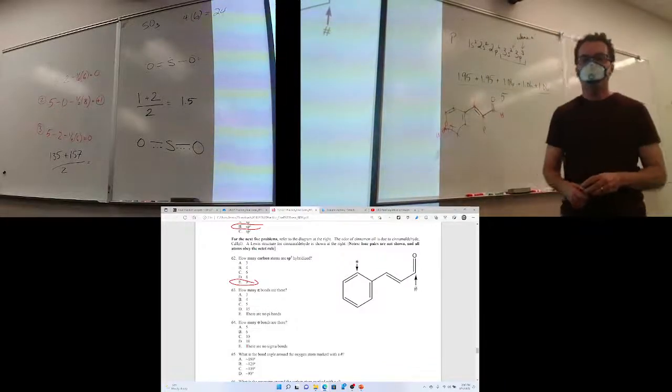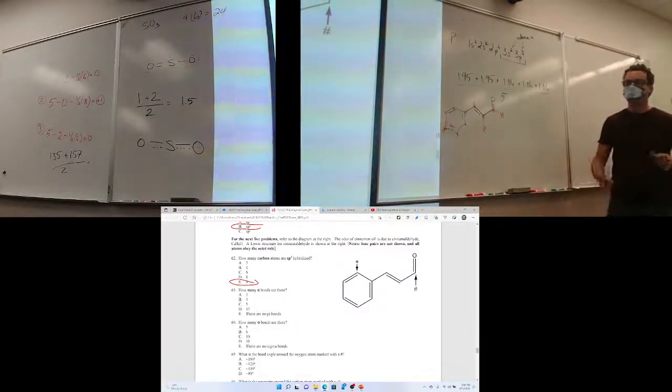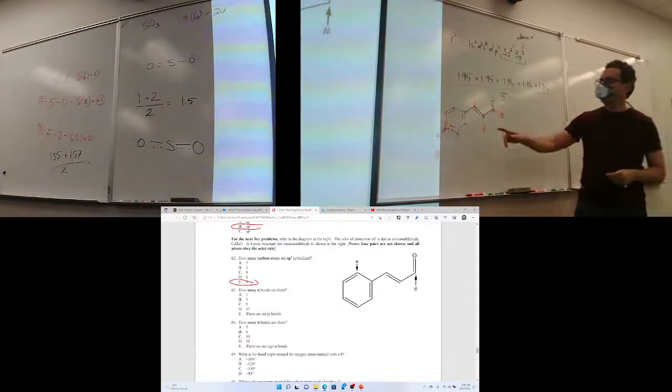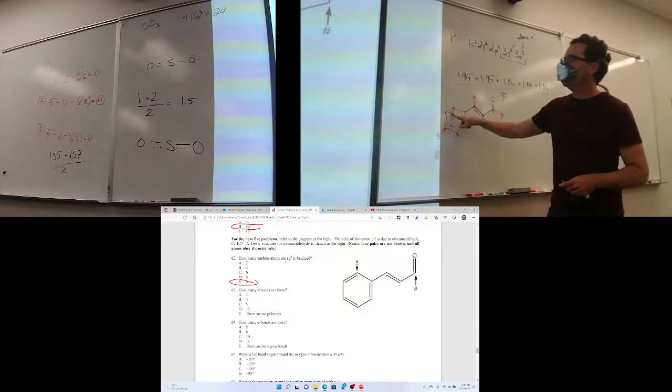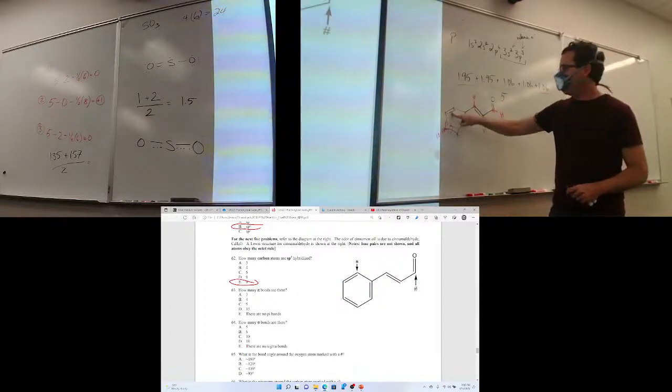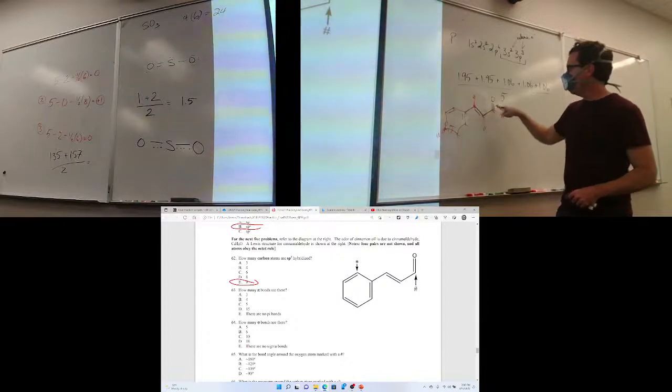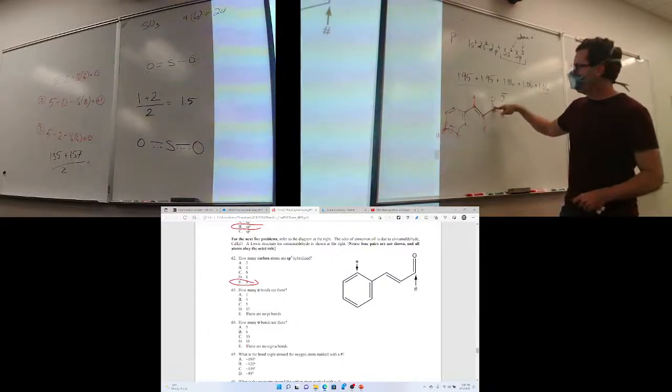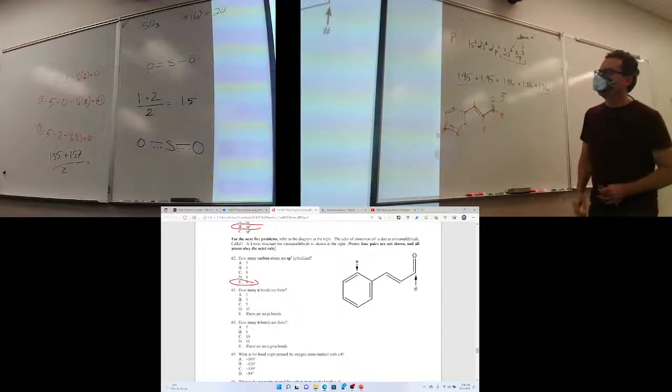How many pi bonds are there? Pi bonds are everywhere we have a double bond. This double bond is made up of a sigma bond and a pi bond together. That's what makes the double bond. So pi, pi, pi, pi, pi. Looks like 5.